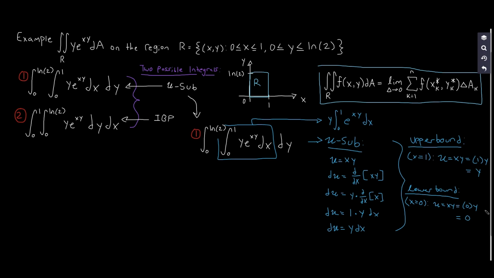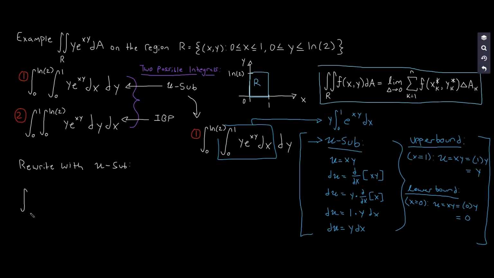And so we'll rewrite the integral with our u sub. The integral from 0 to the natural logarithm of 2 times the integral from 0 to 1 of y times e raised to the power of x times y, integration with respect to x, and then integration with respect to y.